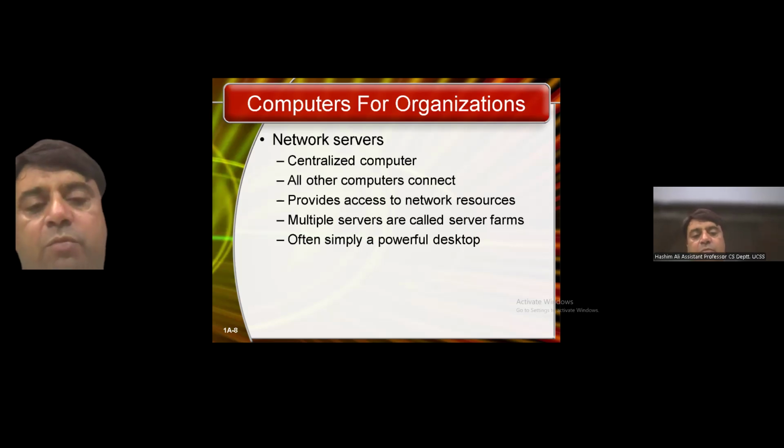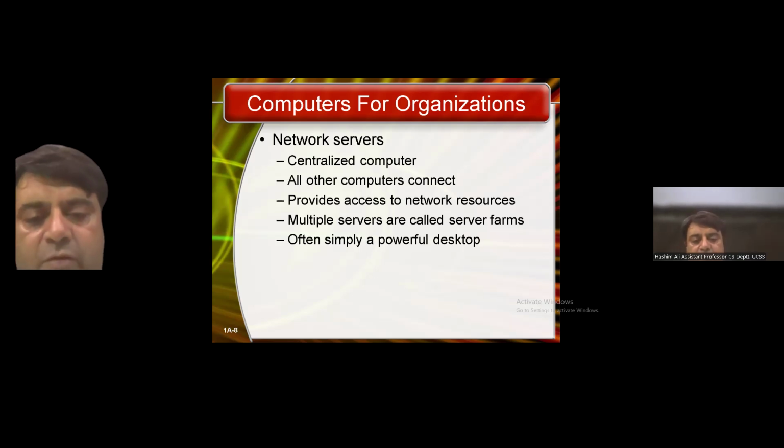This centralized computer provides access to network resources, for example the internet resource, or the printer resource. If multiple servers are available within the organization, we call it a server farm. Often it is as powerful as a desktop computer, as they provide specialized services. So we call it a network server or simply a server, which provides services to other computers like print services, internet services, etc.